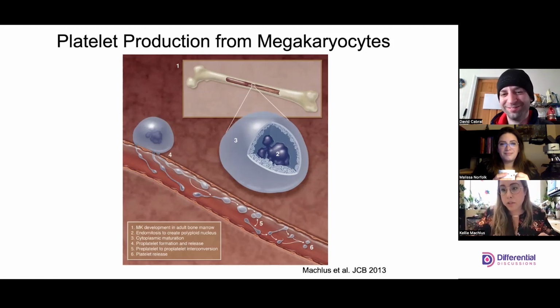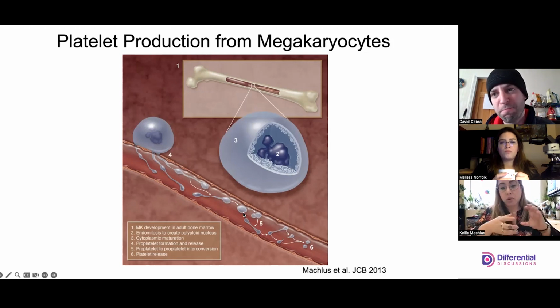That's what I was talking about. So we have 8 coils, but let's say the coils are extra thick. These platelets are not going to be able to make as many fission events, so you're going to have a macrothrombocytopenia. Let's say there's a mutation and those coils are really thin.